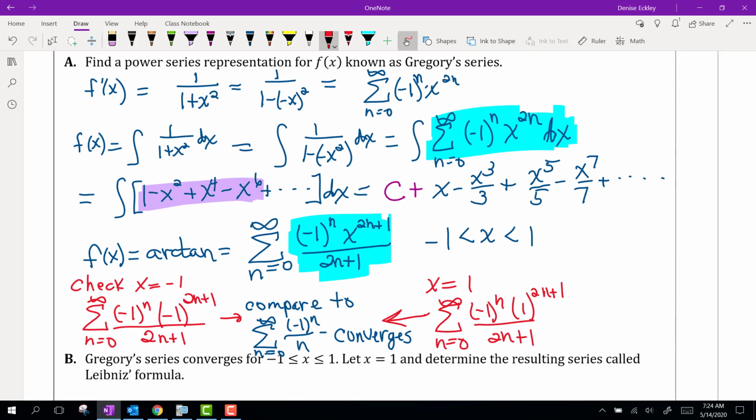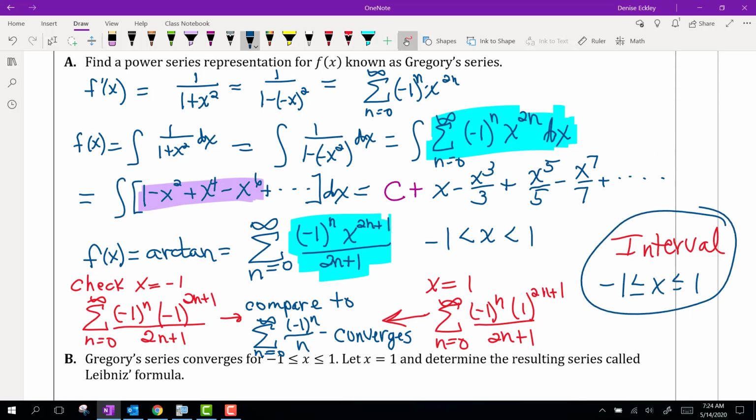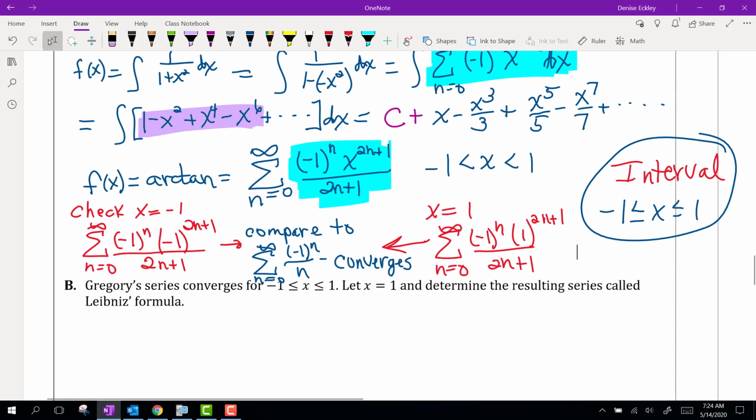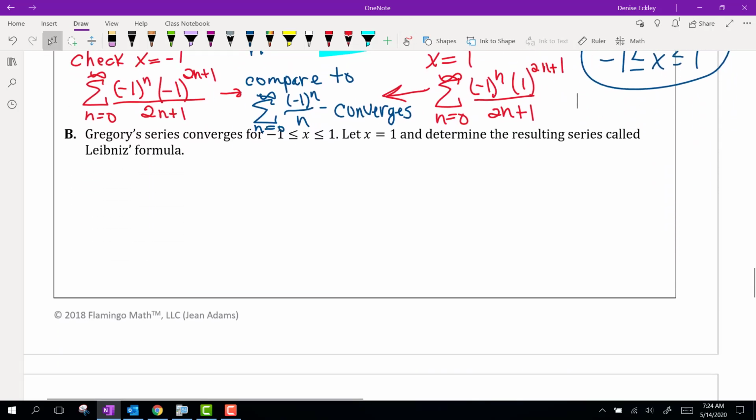So our interval of convergence is going to include the endpoints, which doesn't happen often, but in this case, it does, and this is Gregory's series. So Gregory's series converges for negative 1 is less than or equal to x, less than or equal to 1.